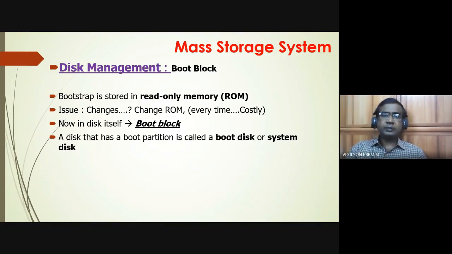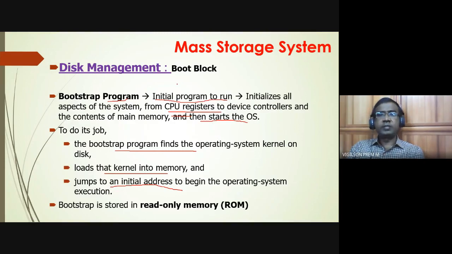A disk that has a boot partition is called a boot disk or system disk. Three important terms we have studied. One is the boot block. In the boot block, what are we going to store? The bootstrap program. Normally the bootstrap program is available in read-only memory, but we have some issue with that, so we store it in the boot block.